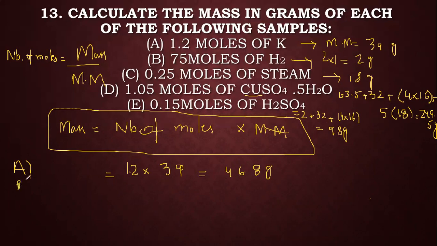In part B, it must be equal to 75 multiplied by 2, which is 150 grams. In part C, 0.25 mole of steam, so it is equal to 0.25 multiplied by 18. So its value equals 4.5 grams.